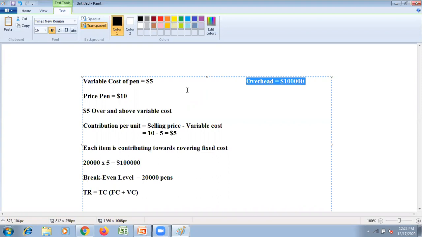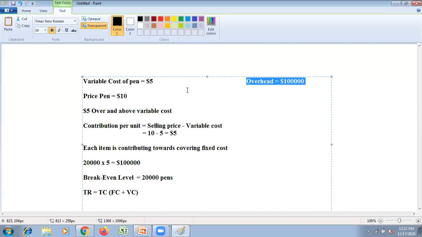That's why generally some methods do not allocate fixed costs. Yes, it is recorded, but it is not actually allocated to each product. Otherwise, a profitable decision may look like an unprofitable decision, as I just told you. Because now you see that the decision we took earlier, yes, at the start there was a loss because contribution was there, but fixed cost was still to be covered.